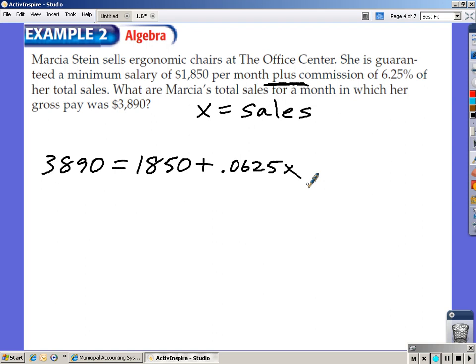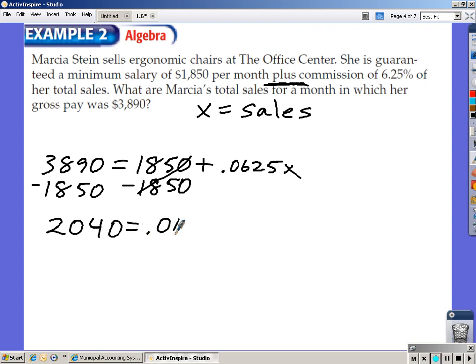All right? Go ahead and subtract $1,850 from both sides. That's going to cancel. $3,890 minus $1,850 is 2040, equals 0.0625x.